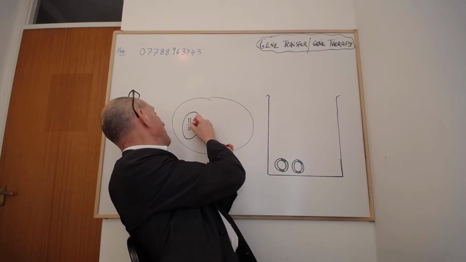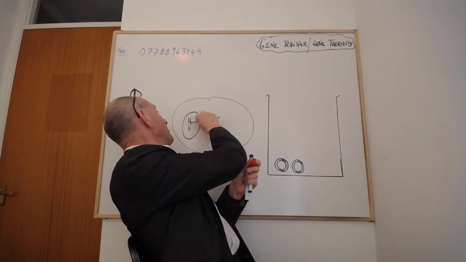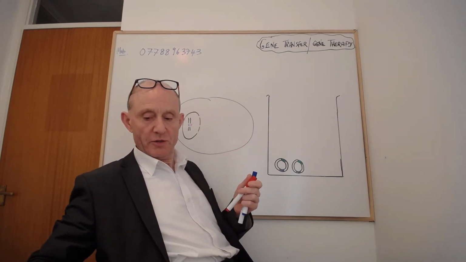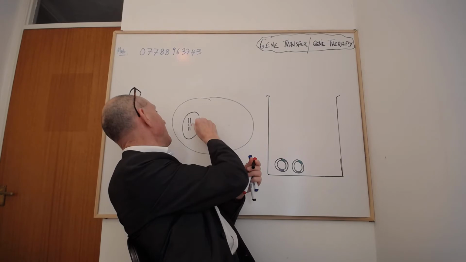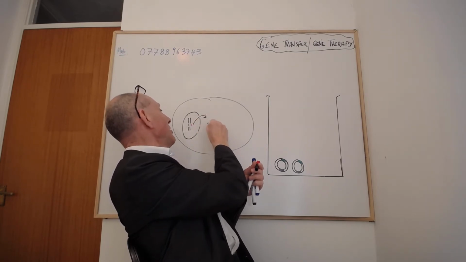You know then that the gene is copied onto what's called messenger RNA. And then the messenger RNA leaves the nucleus and goes out through the nuclear pores. So the messenger RNA, I've just put it in red there, can leave the nucleus and then it goes out to the RER.